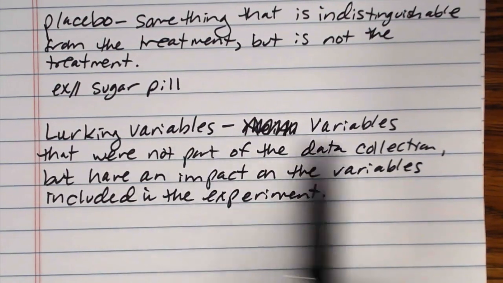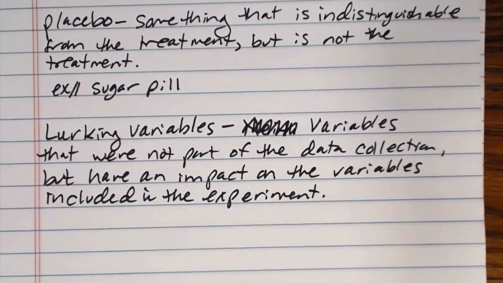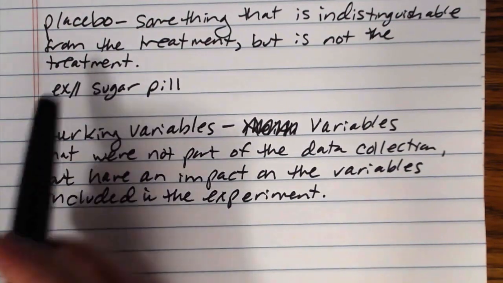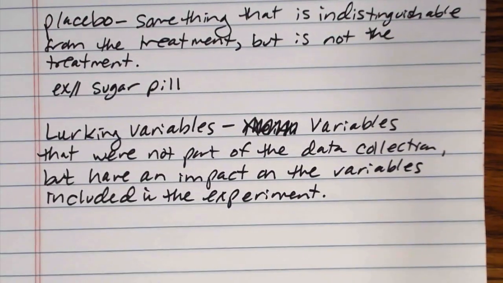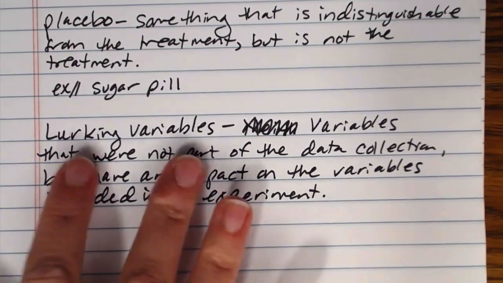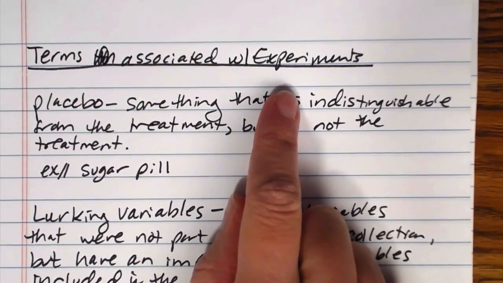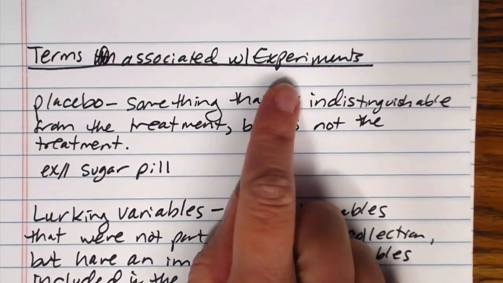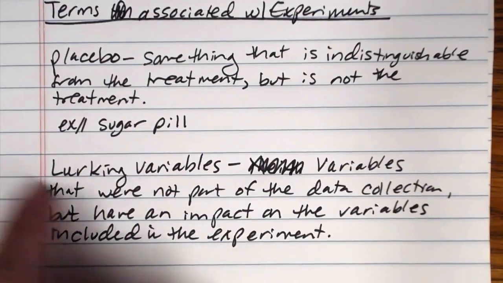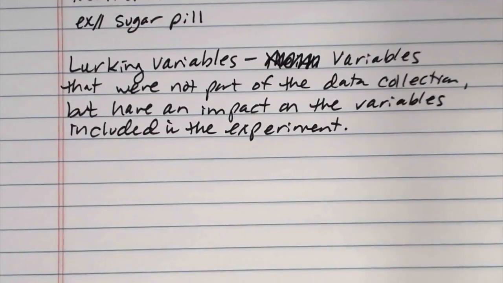So it wasn't part of our data collection plan, but it has an impact on the variables that we did actually include. Okay, this is one of the reasons that you can't use observational studies to pin down cause and effect relationships, is because of these lurking variables. Whereas experiments, because they have multiple treatment and control groups, experiments tend to make efforts to control for those lurking variables.